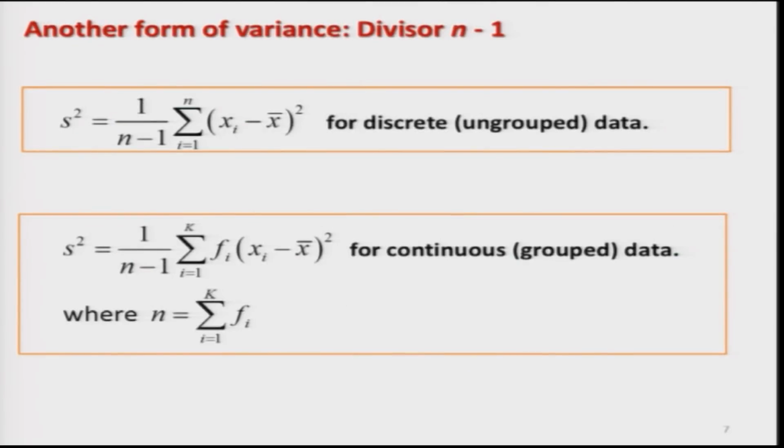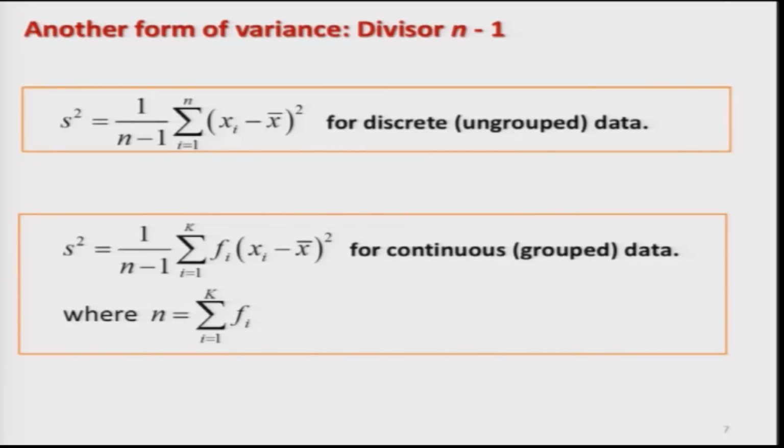Now, after giving the definition of variance, I would like to address one more aspect. You have seen that in the definition of variance, I am trying to take the average of n values. So, this is defined as 1 upon n summation i goes from 1 to n xi minus x bar whole square. In statistics, there is another expression of variance that is quite popular, and this expression is given by this.